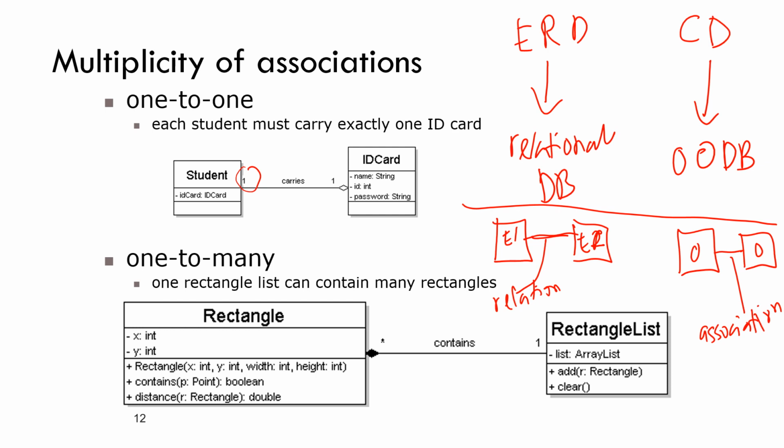For the degree, or the cardinality, we have one to many, many to one, many to many. Same goes here, only the symbol, the syntax used, is different, but their purpose is the same.